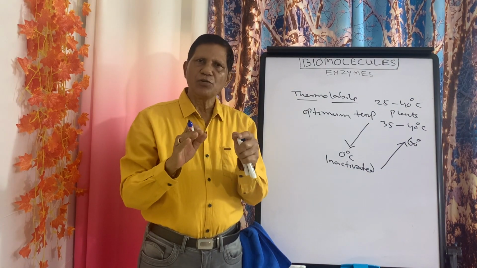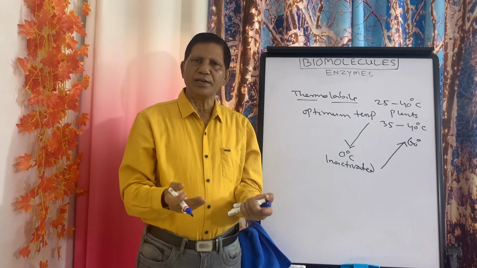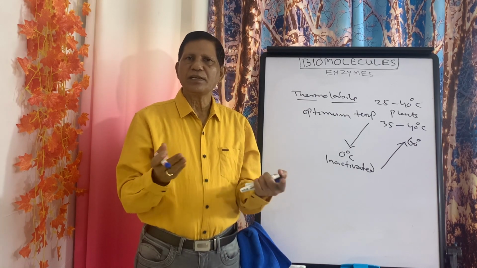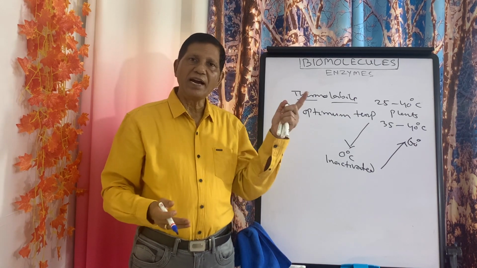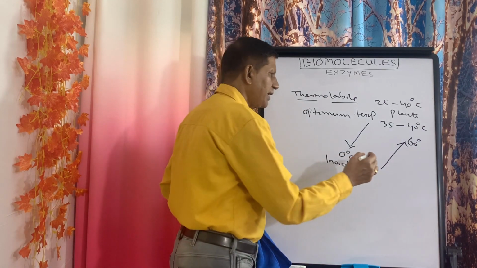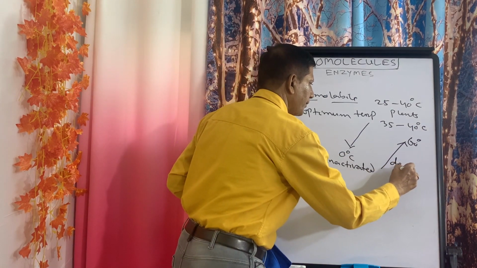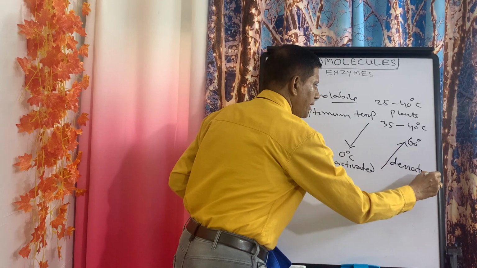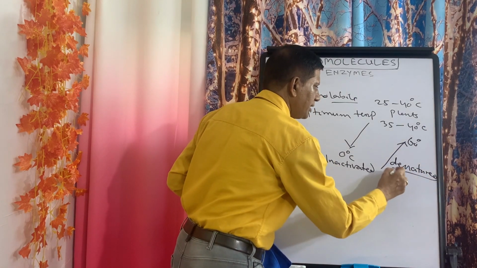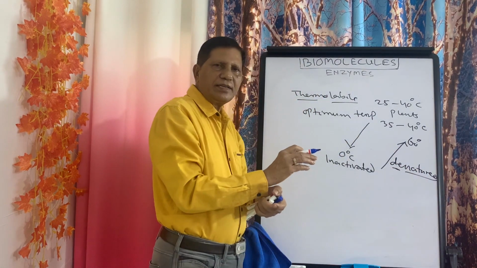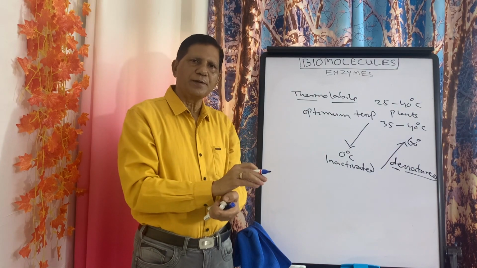The tertiary proteins will be converted to primary proteins, and primary proteins are non-functional. That means at high temperature, the enzymes are denatured. Denatured means their nature is reversed back. They are converted to primary proteins.